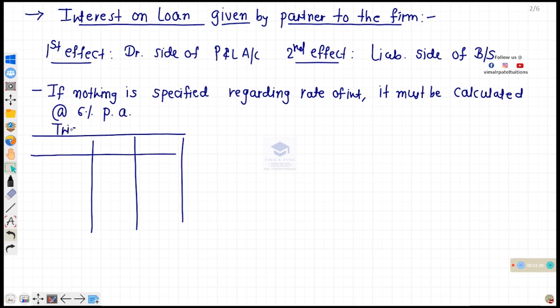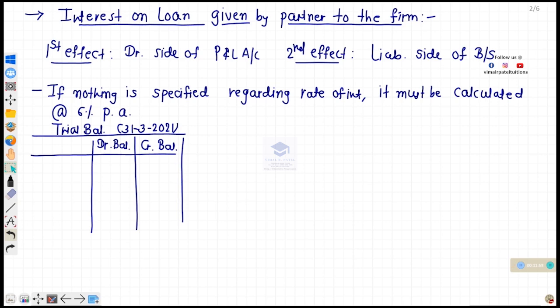suppose this is the trial balance, 31st March 2021, debit balance, credit balance.